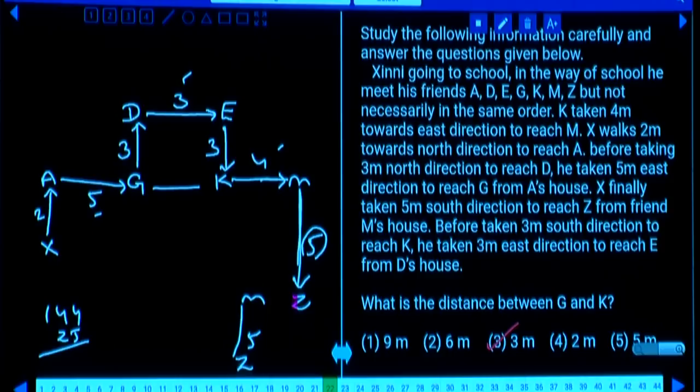Done with this, 19 to 22. Then question numbers 23 onwards. Now 23 to 26 and 27 to 31.